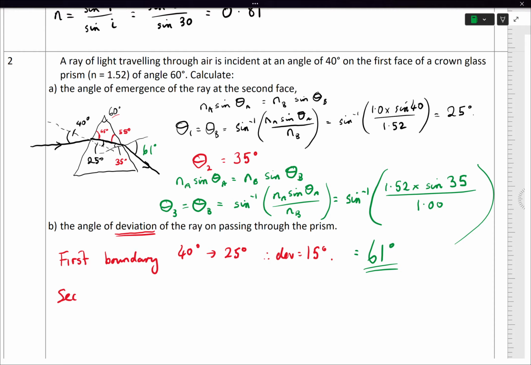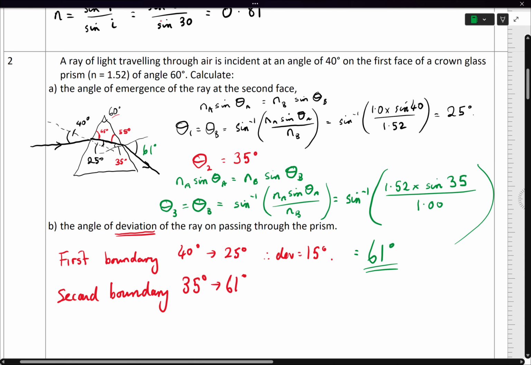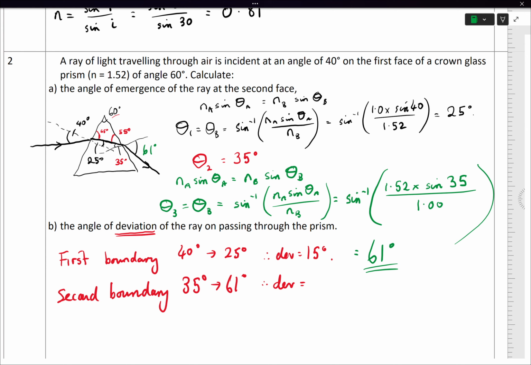At the second boundary, it went from 35 degrees to 61 degrees in the same direction: it bent to the right as it came in, and bent to the right again as it crossed the second boundary, so two deviations in the same direction. This second deviation, also with the same sign, is 26 degrees. Adding those two together, we get a total deviation equal to 41 degrees.